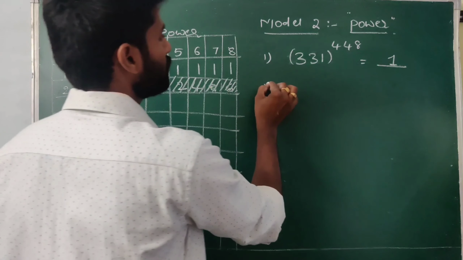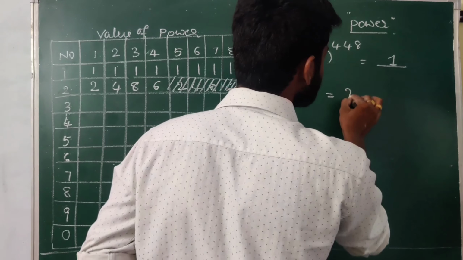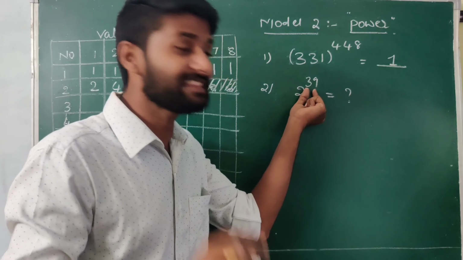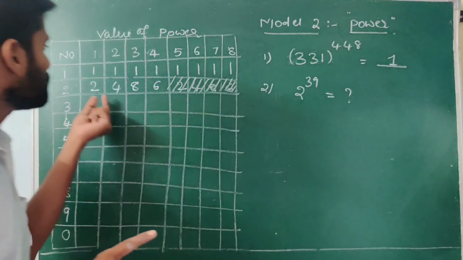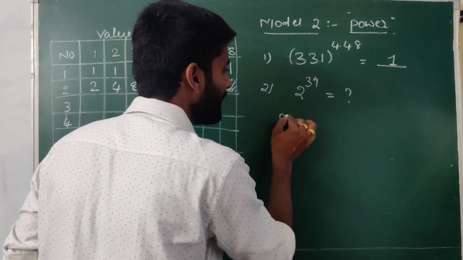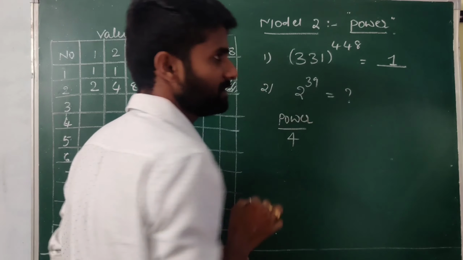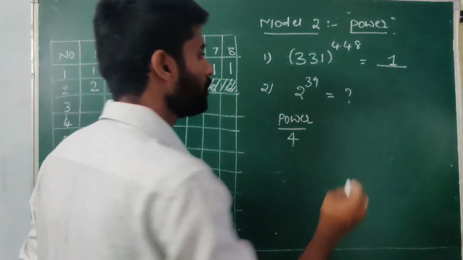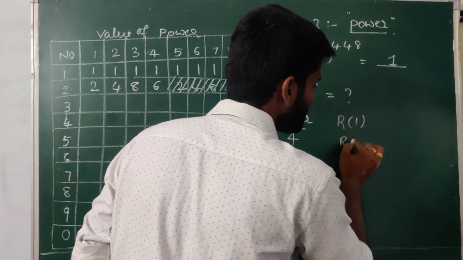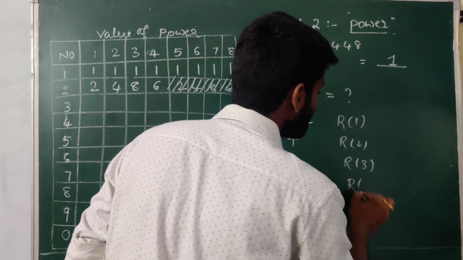For example, question number 2: 2 power 39. What is the units place position? We require the 39th value. We know that 4 values are repeated every time. That's why we divide the power value by 4. When dividing by 4 we get remainder 1, remainder 2, remainder 3, or remainder 0.